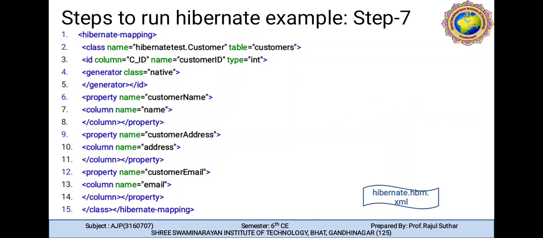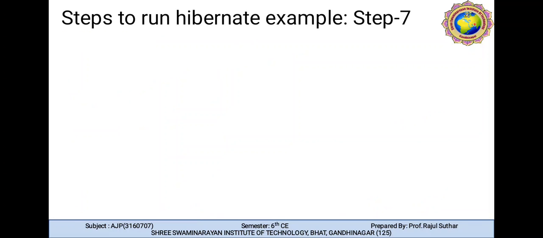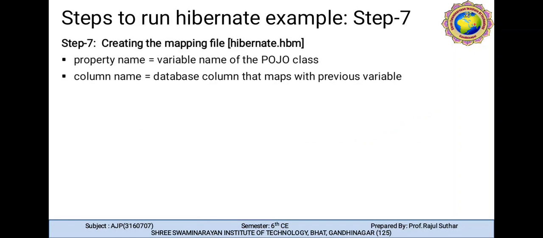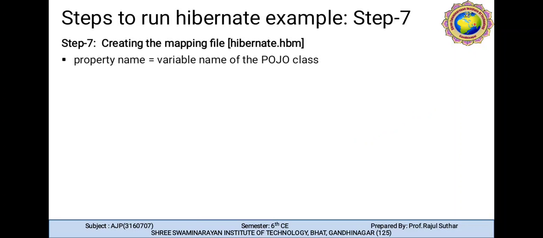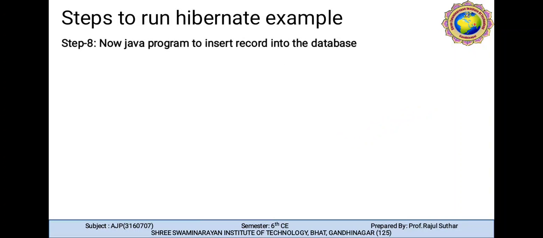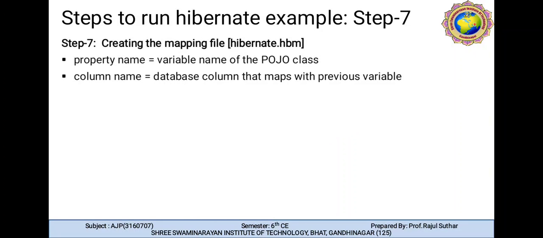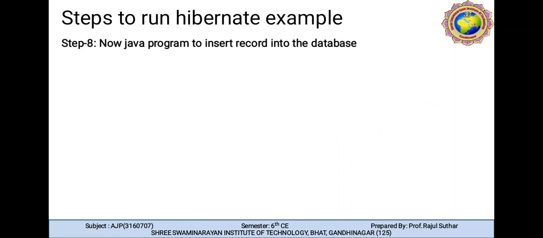All things will be available here. We are also using hibernate-mapping. In the seventh step, create the mapping file hibernate.hbm. Property name is equal to the variable name of the POJO class, and column name is equal to the database column that maps with the previous variables.